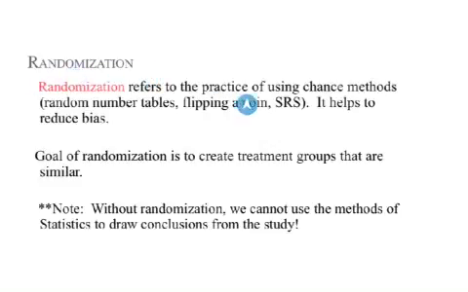Randomization refers to the practice of using chance methods. You could use your calculator generator, your random number table, flipping a coin, choosing an SRS based on numbers from the back of the book to help reduce bias. You really are choosing who goes in which group randomly rather than you picking them and putting them in specific groups.